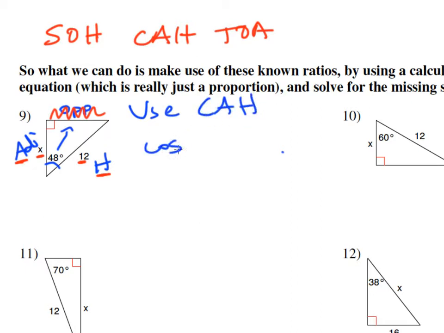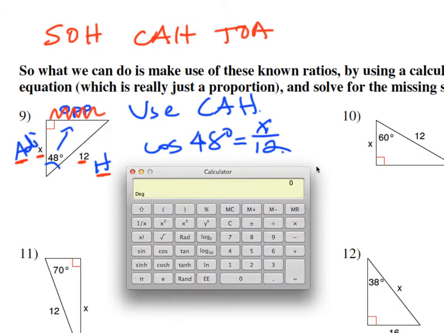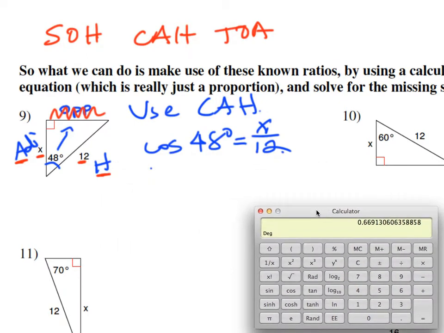So we say cosine of 48 degrees equals adjacent over hypotenuse: adjacent, which is x, over hypotenuse, which is 12. Just punch that in our calculator, cosine of 48. Let me punch that in here. 48 cosine, so approximately 6.69.